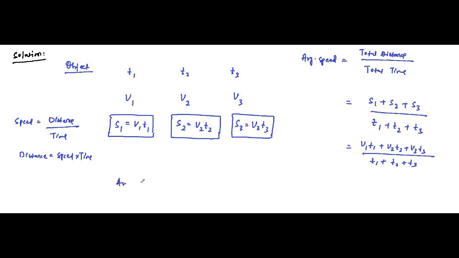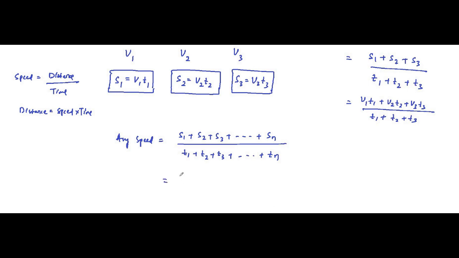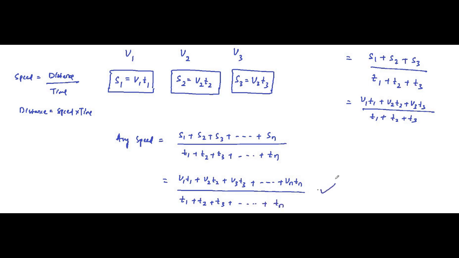In that case the expression of average speed will be s1 plus s2 plus s3 plus dot dot dot plus sn by t1 plus t2 plus t3 plus dot dot dot tn, which will be equal to the different speeds for each duration, v1 t1 plus v2 t2 plus v3 t3 plus dot dot dot vn tn, divided by t1 plus t2 plus t3 plus dot dot dot tn. This is the expression.